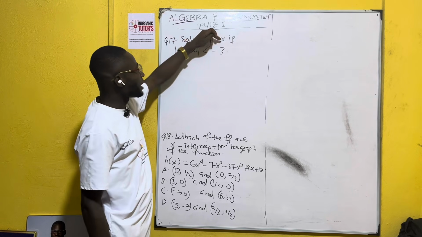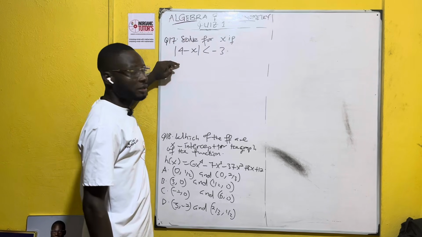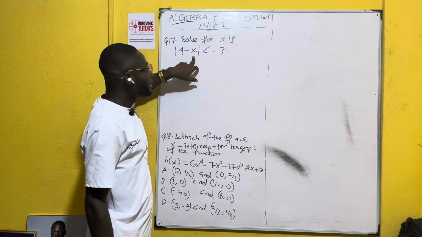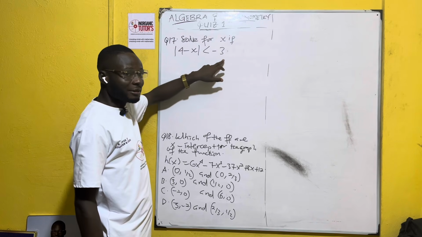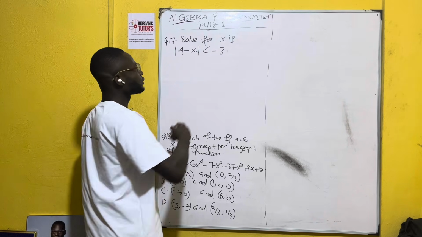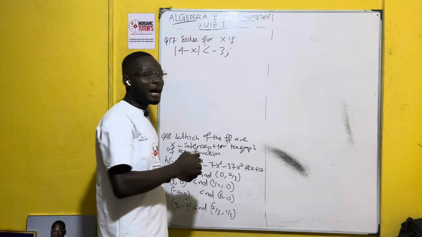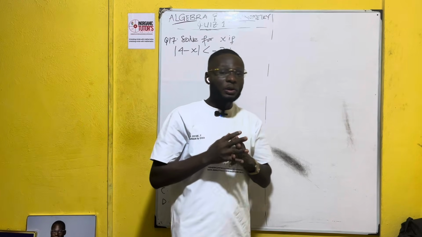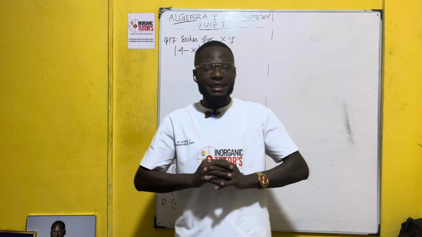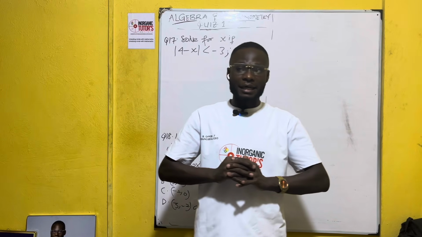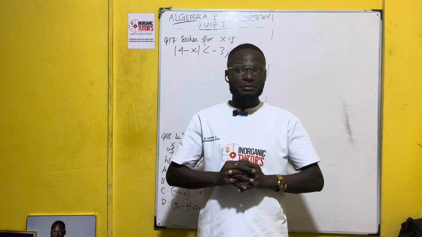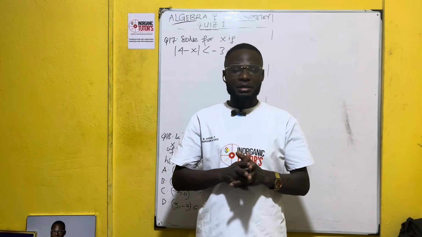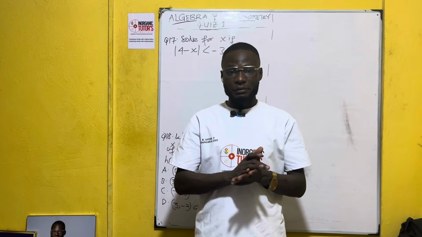We have to solve for x if the absolute value of 4 minus x is less than -3. Note, if you have an absolute value, it can never be less than 0, right?